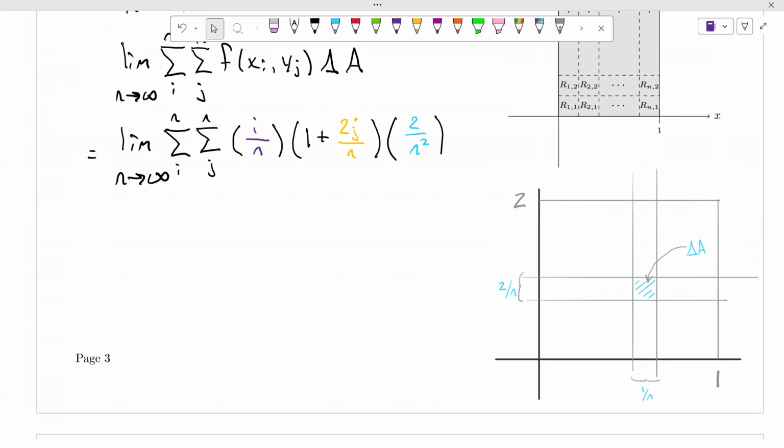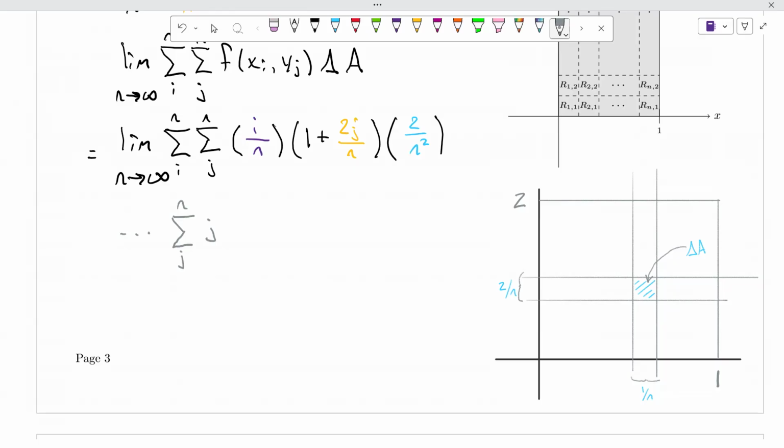And a couple of things that I'm looking at that I think I might need to recall. Put some ellipses over here. I can see that I am going to need to know the sum of j or i.